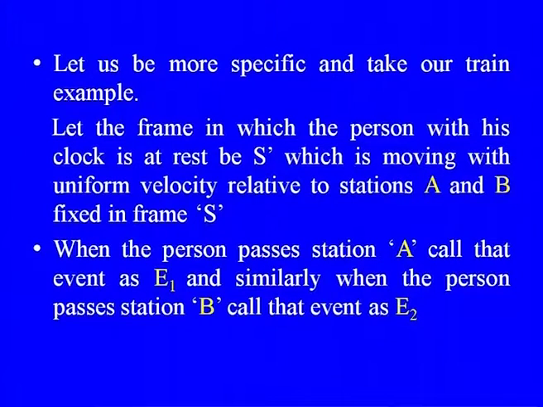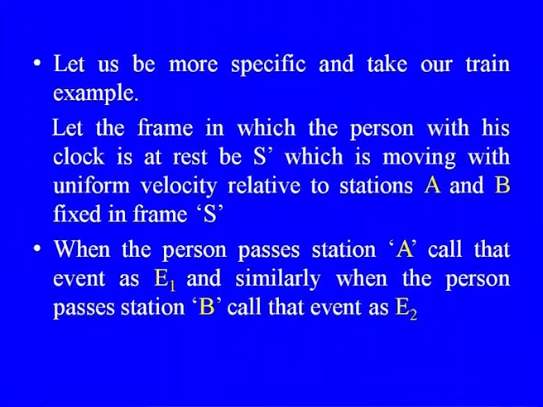Now, if you wish to define these events in terms of our train example, we first define what our S frame and this S prime frame are. The frame in which the person with his clock is at rest is the S prime frame.